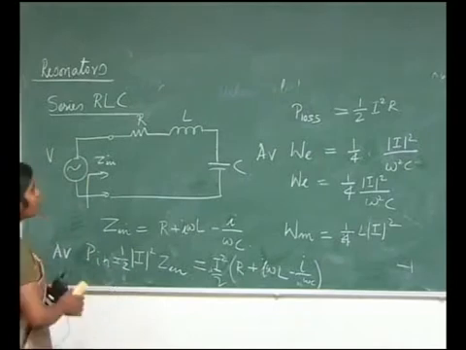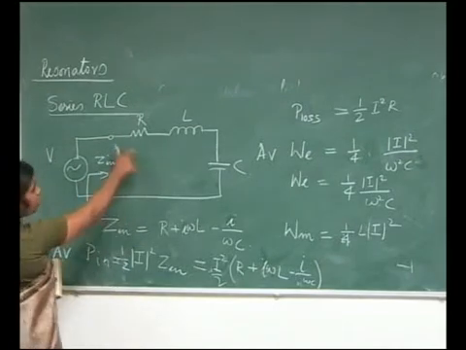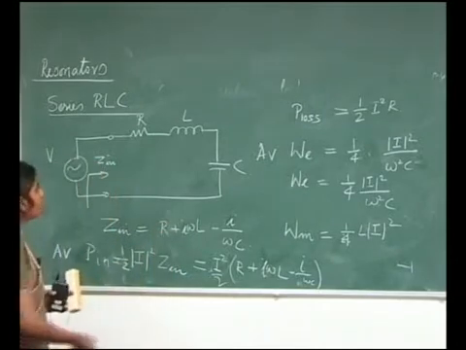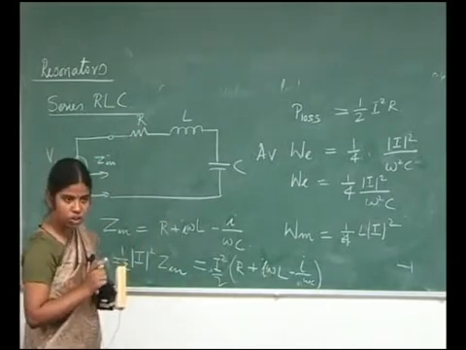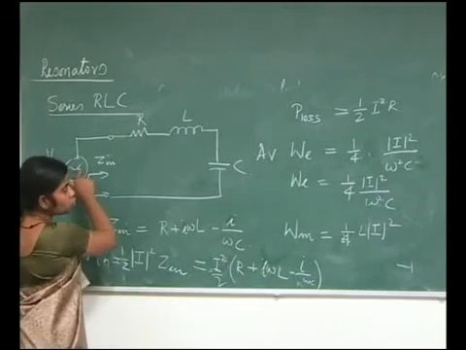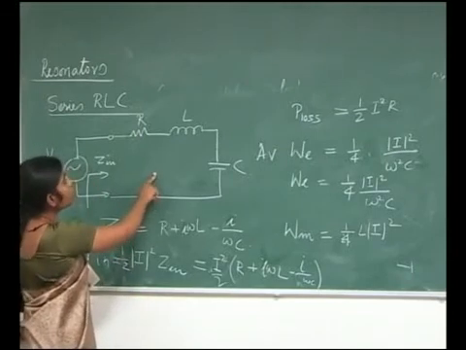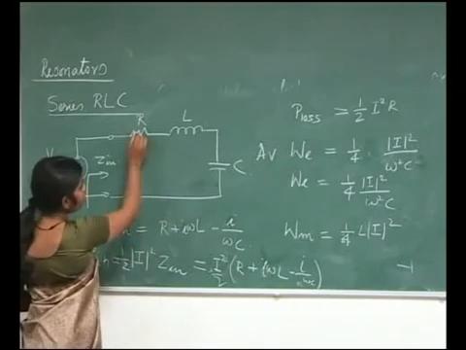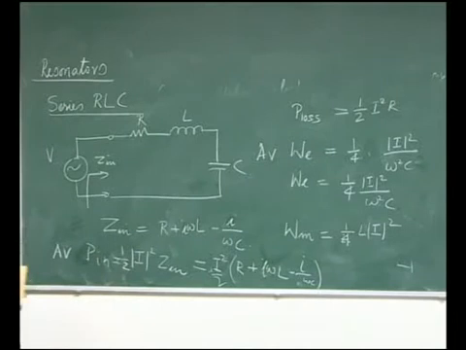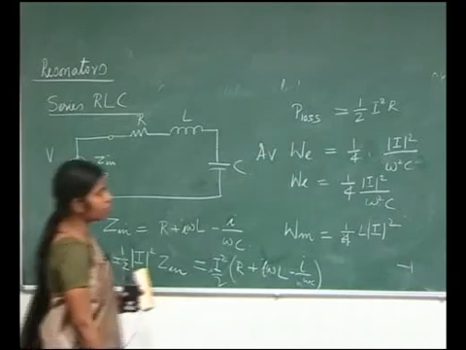This input power is distributed among the resistor, inductor and capacitor, and I know that in the resistor there will be loss. So the total average input power given by this source to this circuit should be equal to the power that is being used by this and this. Whether it is dissipated or stored, I don't care. But the sum of all these powers should be equal to the average P in. Okay, so I am trying to do that only.